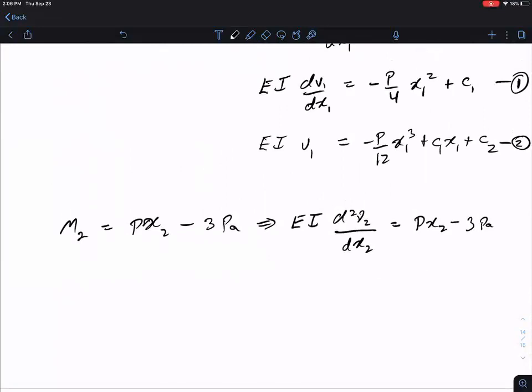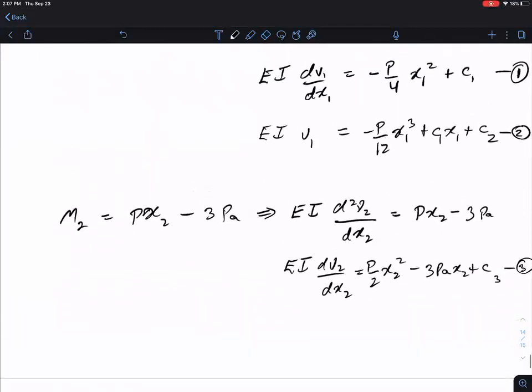Okay, so if we integrate once, we get this expression. We'll call this constant C3, and we'll call this entire equation 3.